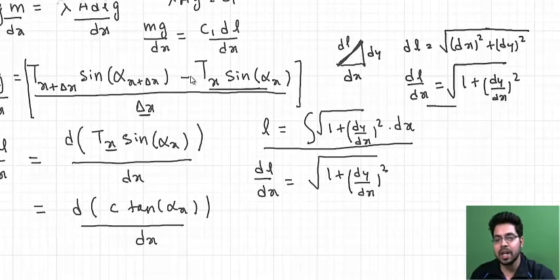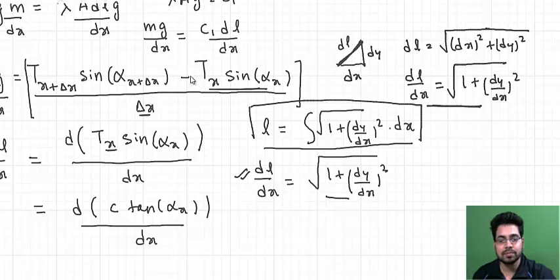So from here we are getting dl by dx to be equal to this quantity.